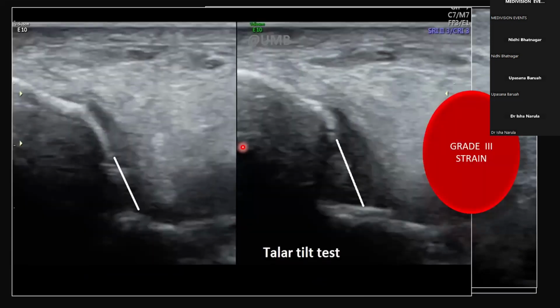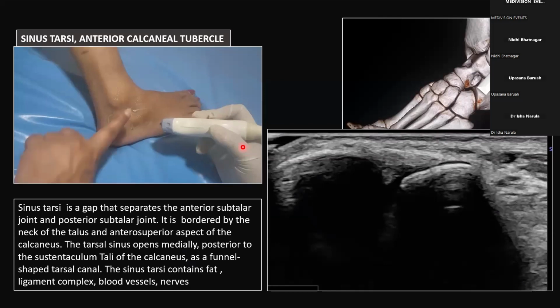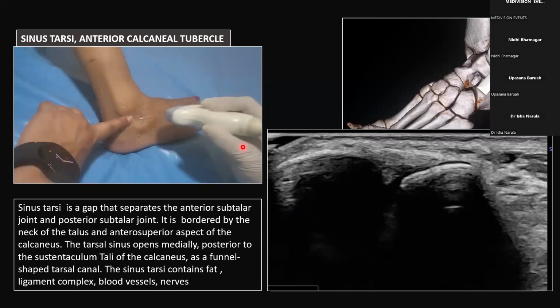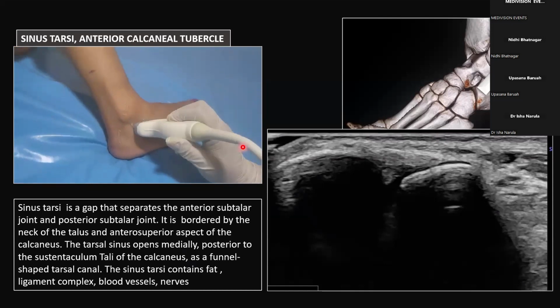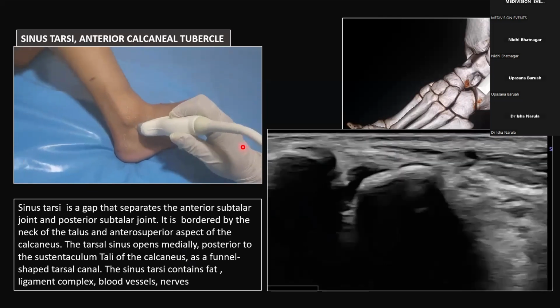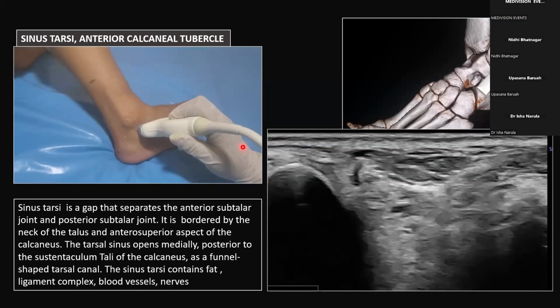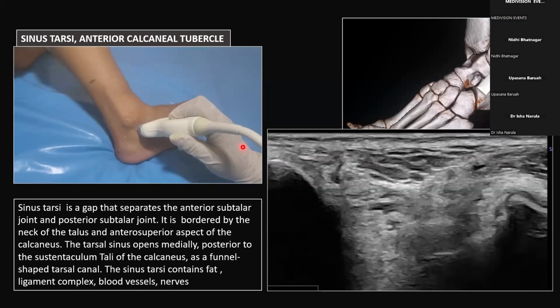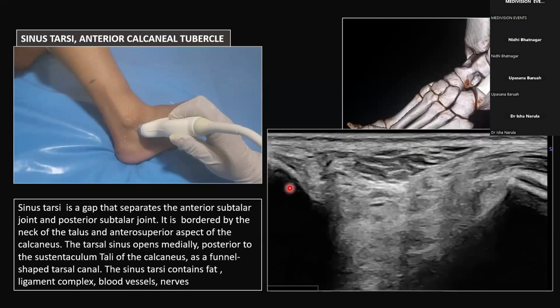So when we finish the anterior tibiotalar ligament, then we will move forward from the lateral malleolus, putting the probe below the lateral malleolus and going forward till we see the three bones: the lateral malleolus, talus, and then we find the calcaneus. Between the calcaneus and the talar bone we find a gap, and this is the sinus tarsi.